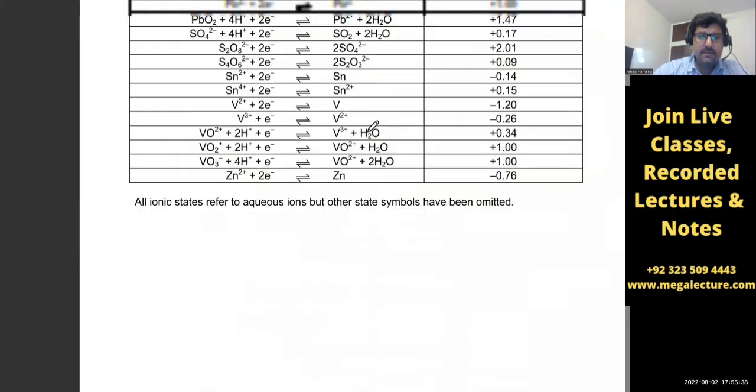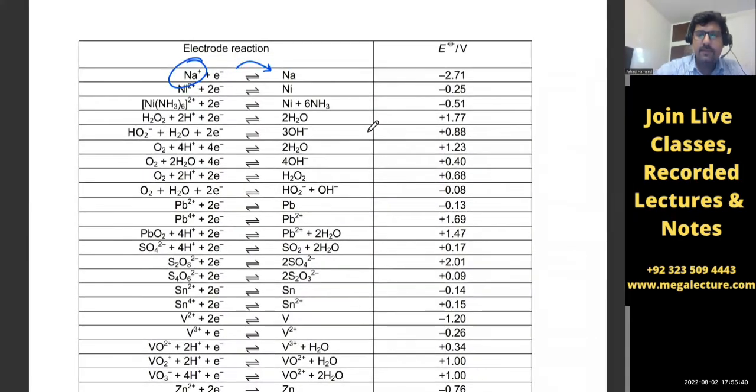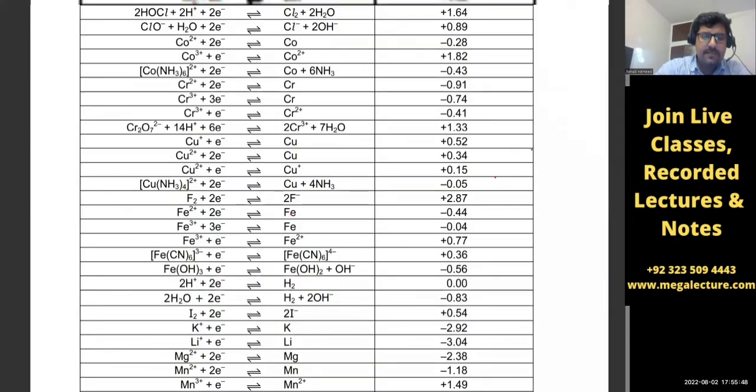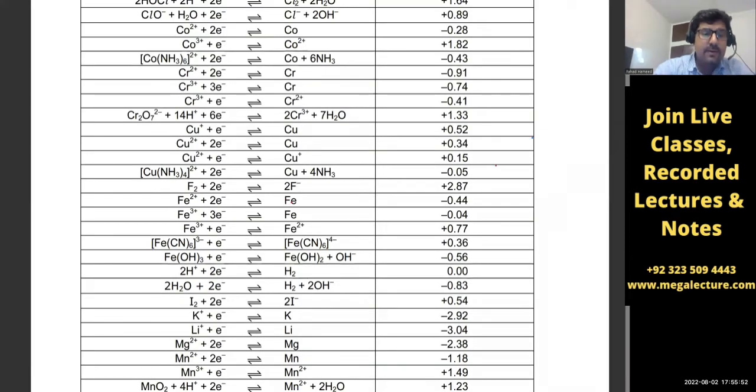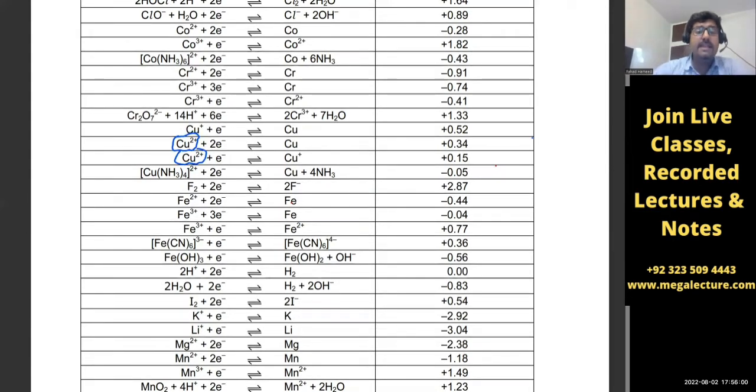Copper is somewhere. Let me scroll up. Okay, copper is still not here. Copper is here. So I've got two equations for copper. If you look carefully, I've got copper 2+ and there are two of them. Copper 2+ can either gain 2 electrons or it can gain 1 electron.